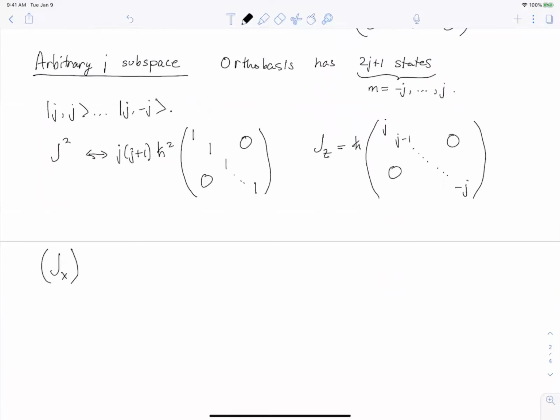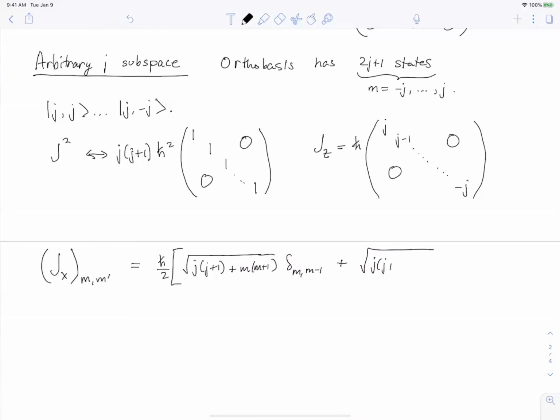So if I take the matrix for jx and I look at the m, m prime entry, this is going to be h bar over 2. And then there are going to be square roots, j times j plus 1 minus m times m plus 1, delta m prime, m plus 1, plus square root j times j plus 1 minus m times m minus 1, delta m prime, m minus 1.